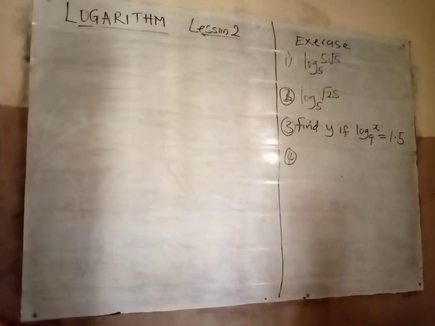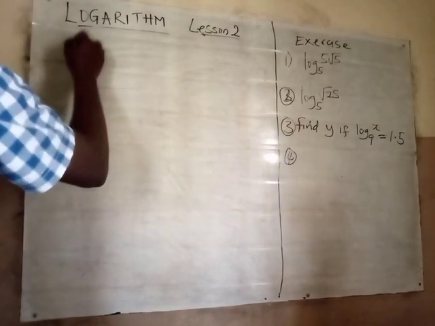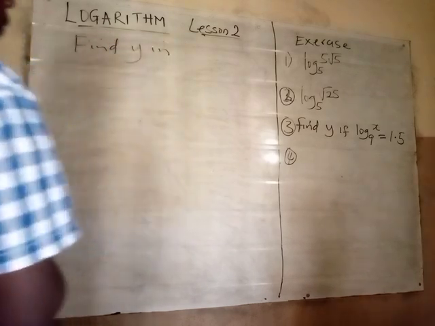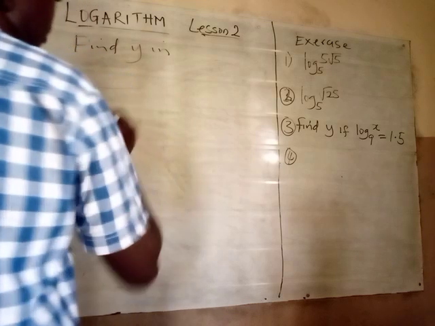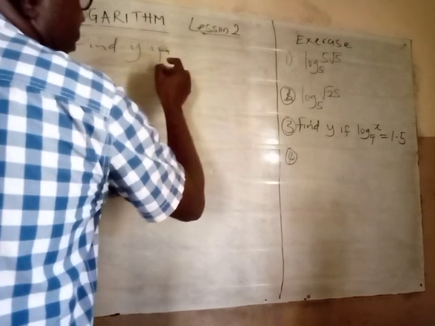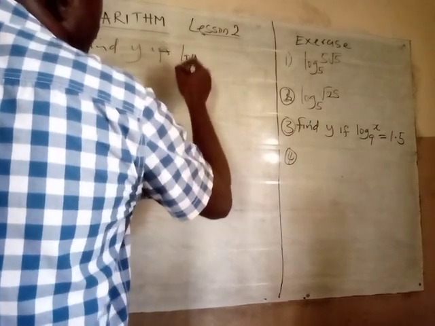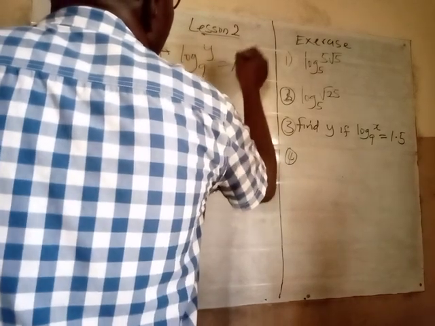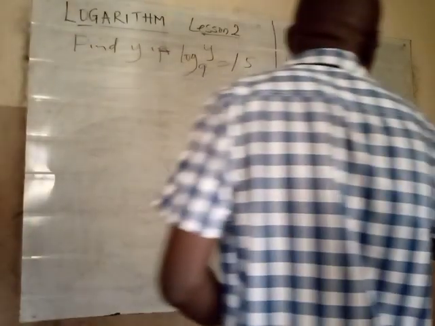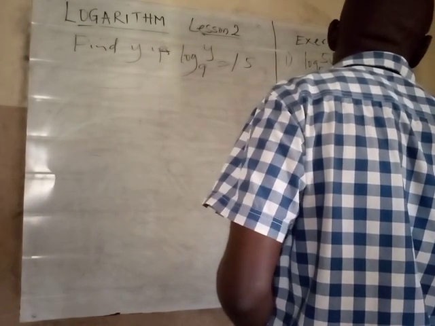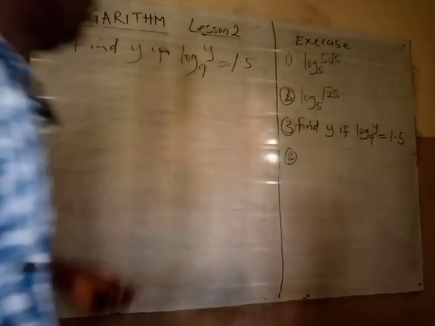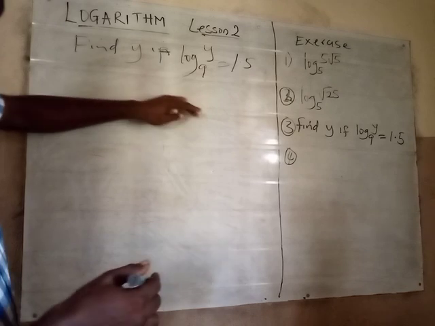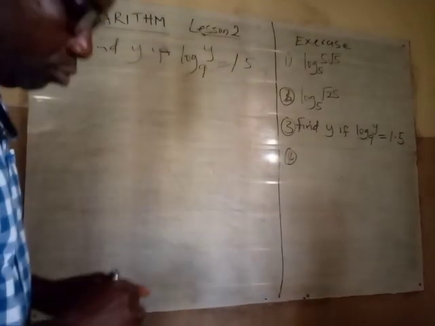The third problem says find y if log y base 9 equals 1.5.